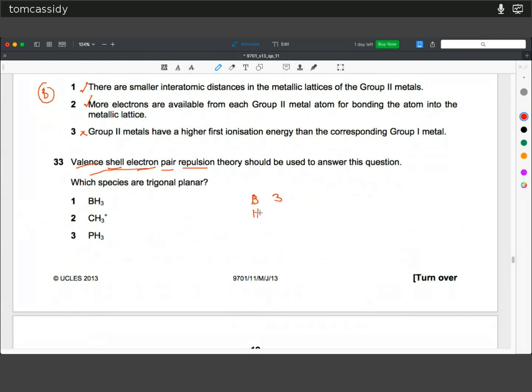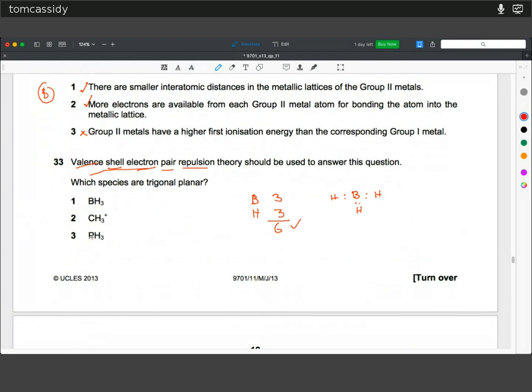Hydrogen has 1 electron in its valence shell, but there's 3 of those. So the number of valence electrons altogether is 6. So you can start to draw up, well, there's boron in the middle, hydrogen, hydrogen, and we've got 6 valence electrons. So there'll be 2 to form a bond there, 2 to form a bond there, 2 to form a bond there. So you've got boron surrounded by 3 hydrogens, and you've used up all the valence electrons.